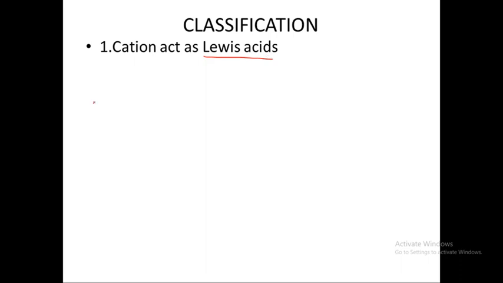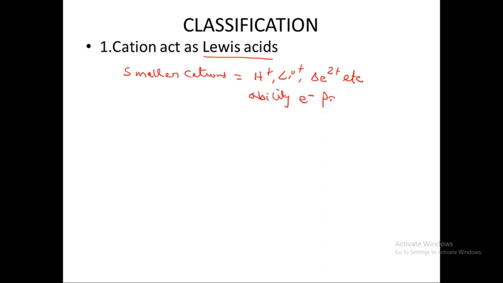Cations have properties to show acid behavior. There are some smaller cations such as hydrogen, lithium, beryllium 2+, etc. They have an ability to accept a pair of electrons. So due to that, they behave as strong Lewis acids.